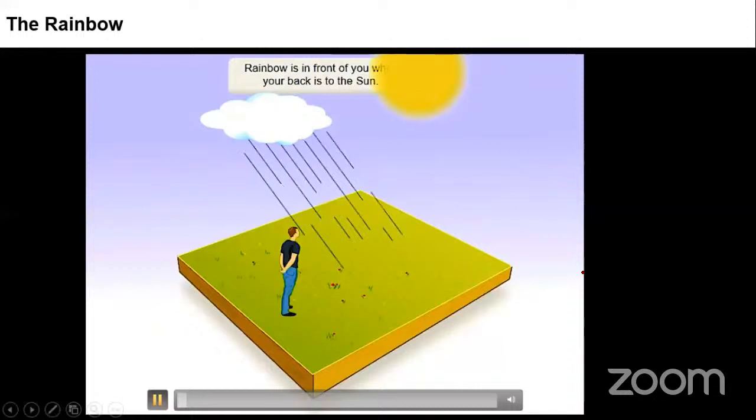When the sunlight passes through these water droplets, it is shown. Okay, I'm launching it.